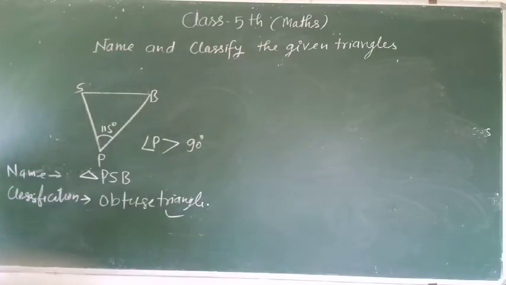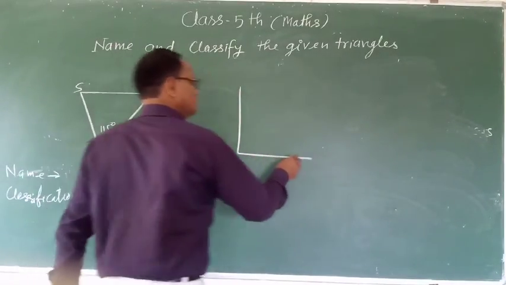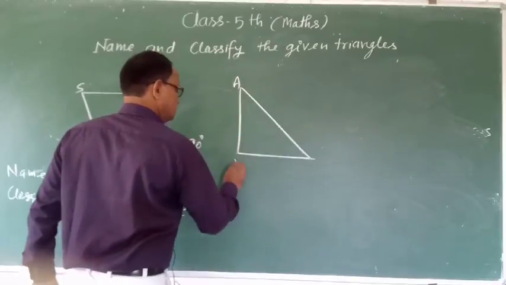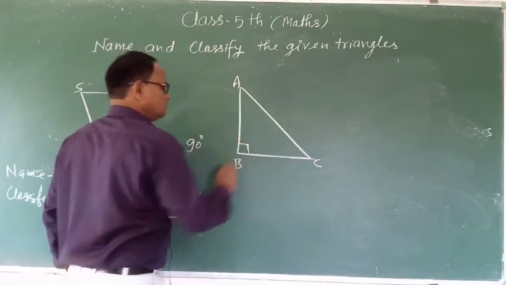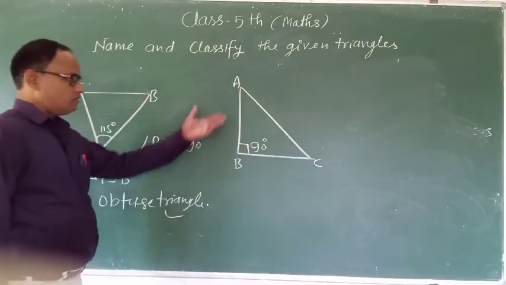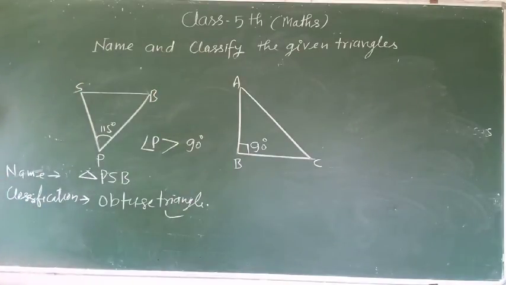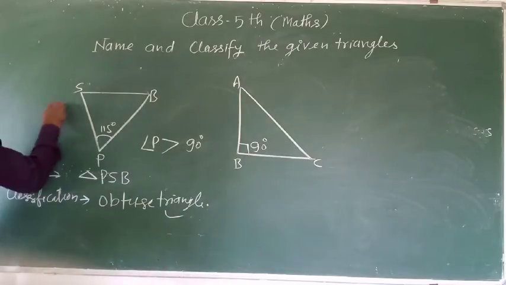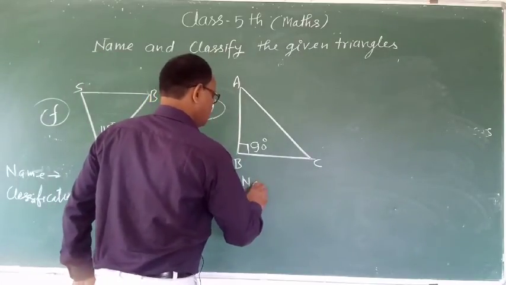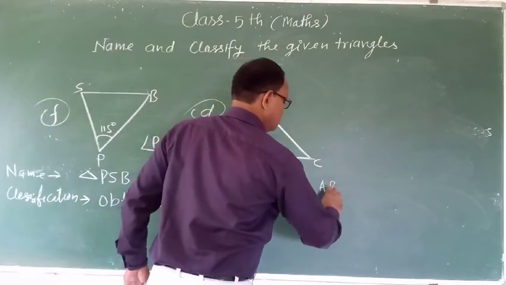The next one here: A, B, C. This triangle, which type of triangle is it? Let us write here its name, triangle ABC.